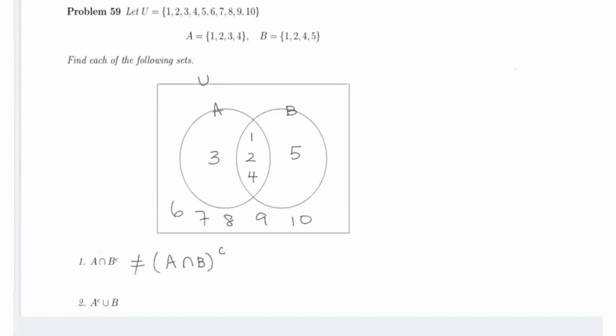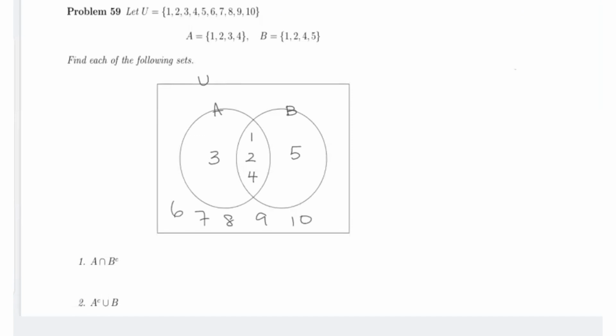Parentheses complement means intersection and then you take a complement. B complement only, okay? They are not equal. So make sure you don't get confused with this. Do you understand this? And if it is a mixed operation, don't get confused. We are doing sort of like a PEMDAS order, okay? Left to right, inside of parentheses first, and then complement and things like that. You know what I mean?